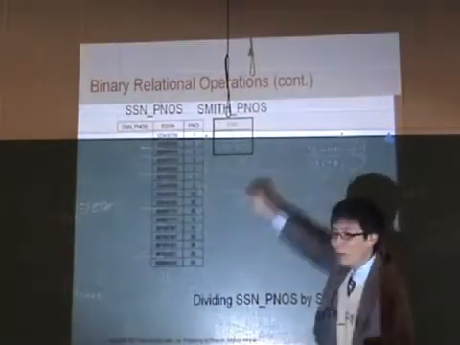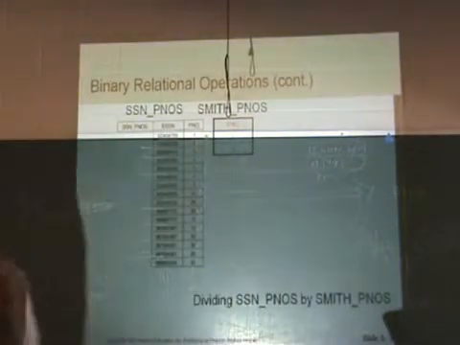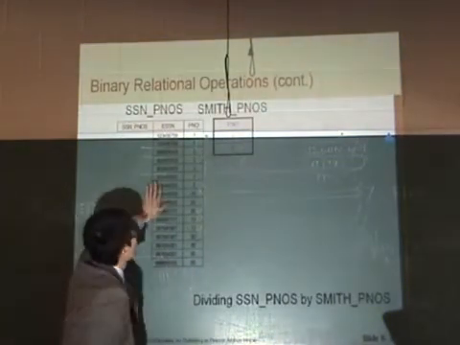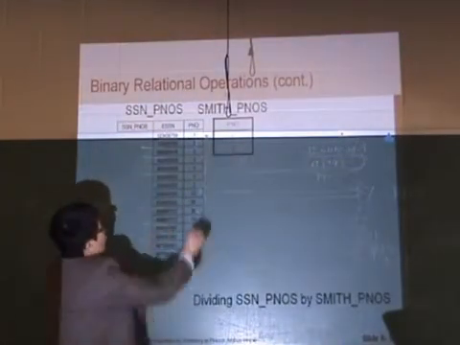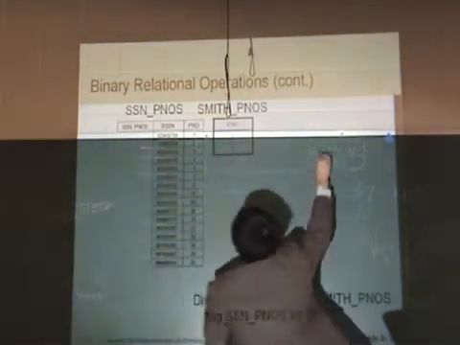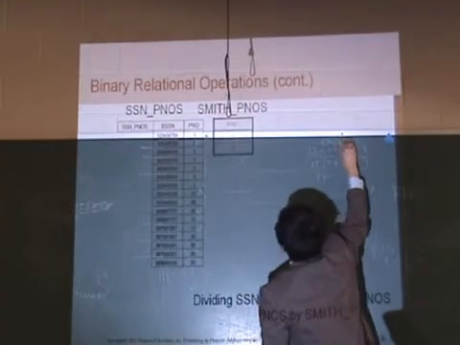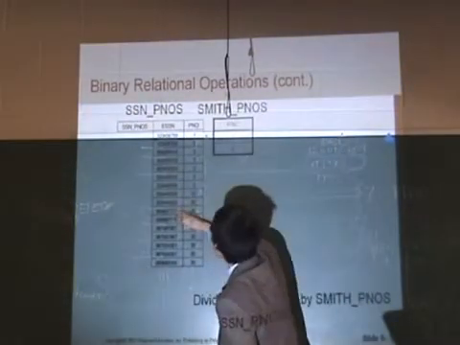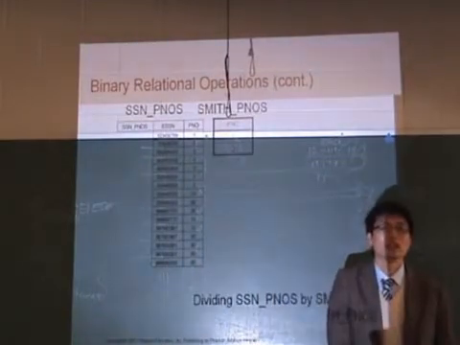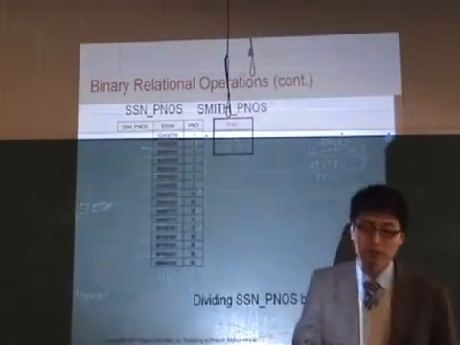So this operation is called what? Division operation. It looks like divide: divide this by this. The return of the division is this attribute, ESSN. Then find all ESSN that include the right hand side.